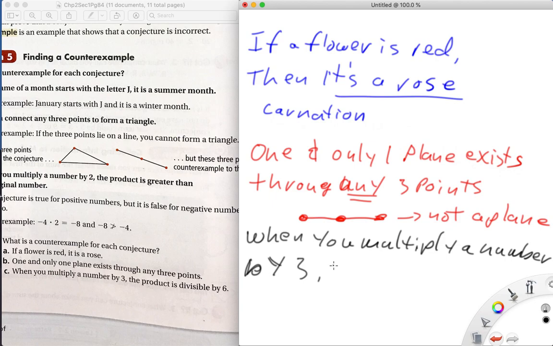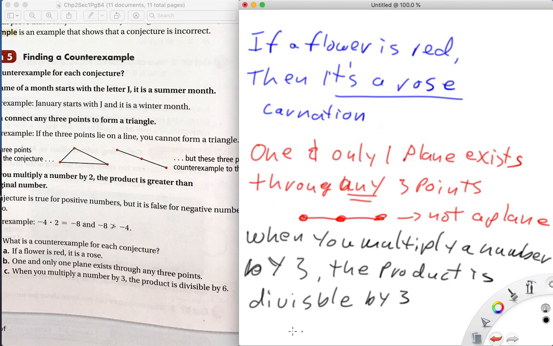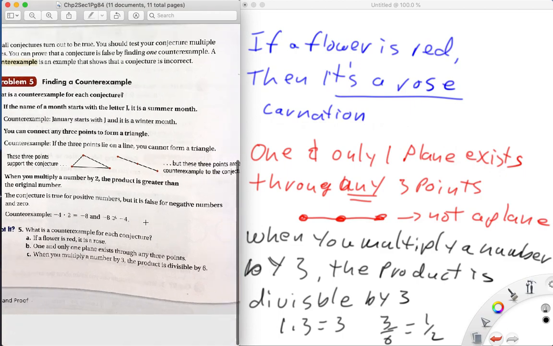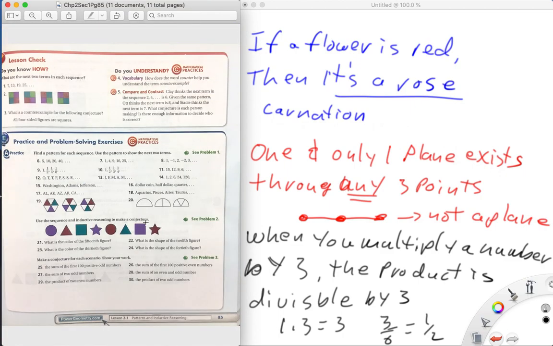Well, what if the number that I multiply is 1? 1 times 3 equals 3, and 3 is not divisible by 6. If I divide 3 by 6, I get 1/2. I don't get a whole number. Therefore, that's my counterexample: 3 times 1. Alright, so that's that section.